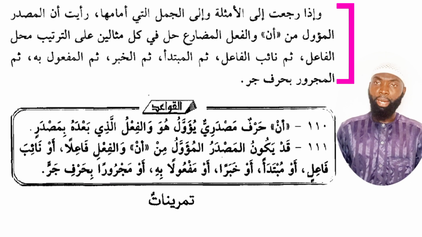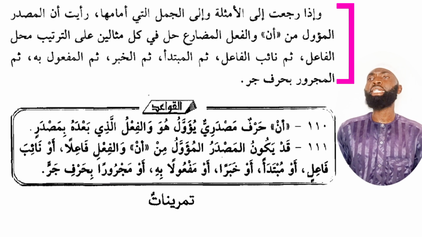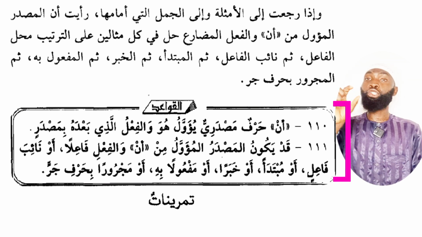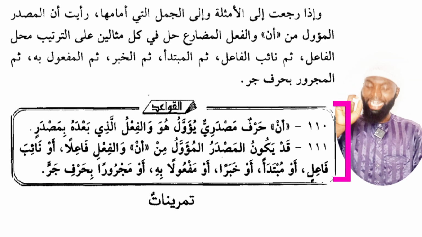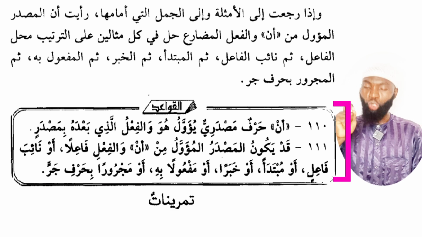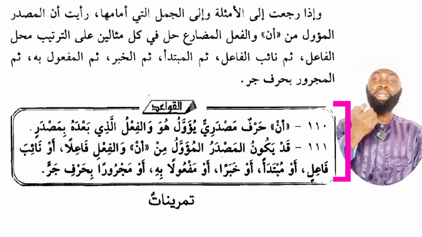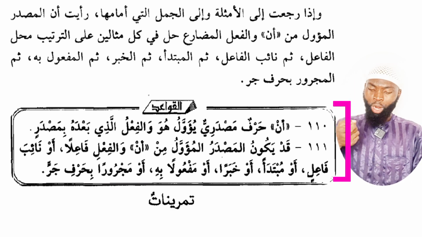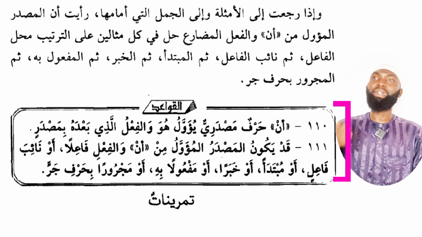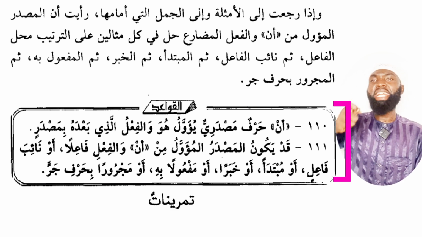That is a particle or a preposition. Now we have al-qawaid, the rules. The first rule says that the word an harfun masdariyun. It is a verbal noun particle. Yu'awwaluhu wal fi'lu alladhi ba'dahu bi masdarin. They imply the meaning.